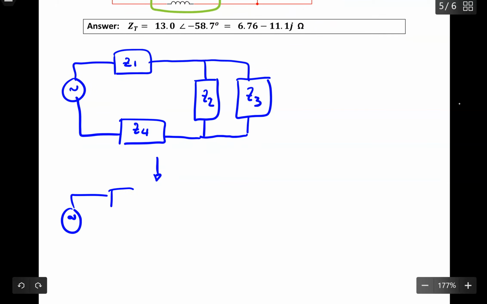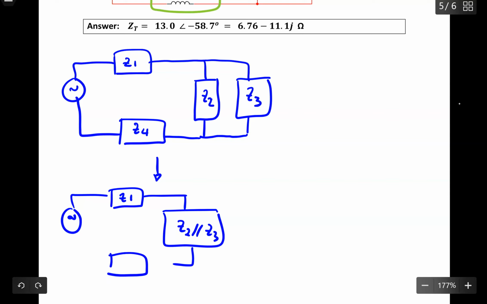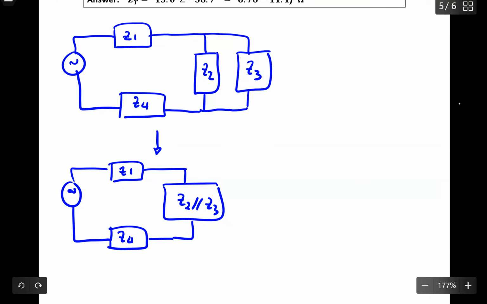Another simplified diagram would be like this. Here's my Z1, then Z2 parallel to Z3, which is the product over the sum, and here's your Z4. You see that all of this in the circuit, the current runs through it and doesn't split anywhere, so this will be in series.